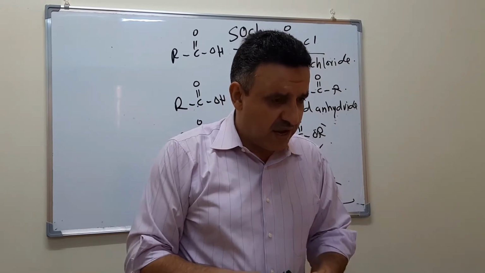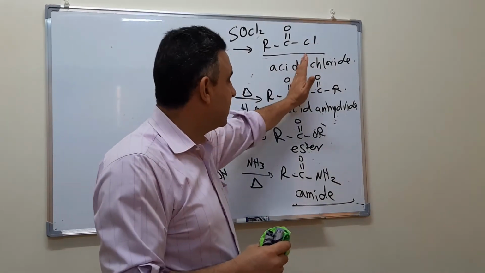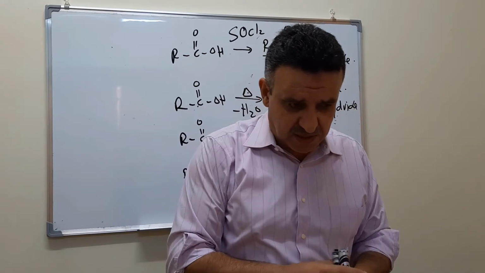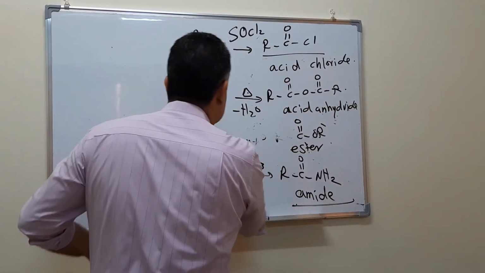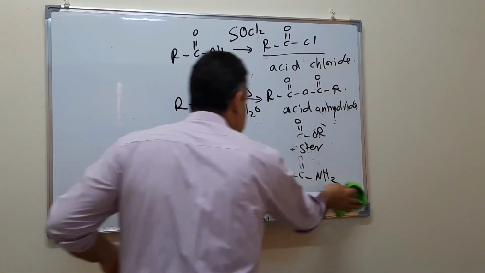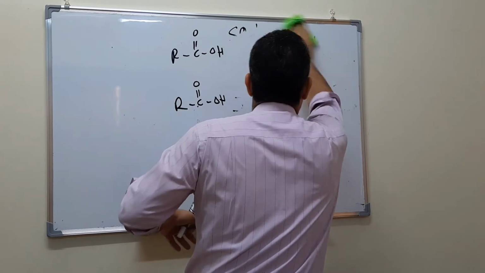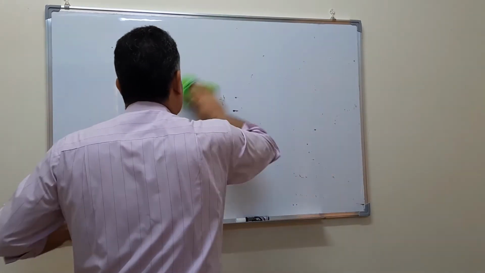Now, for the reactions of carboxylic acid derivatives, all carboxylic acid derivatives can be hydrolyzed back to their corresponding carboxylic acid. So always remember that carboxylic acid can be converted to derivative, and derivative can be converted back into carboxylic acid. So in other words, let's just summarize it this way.